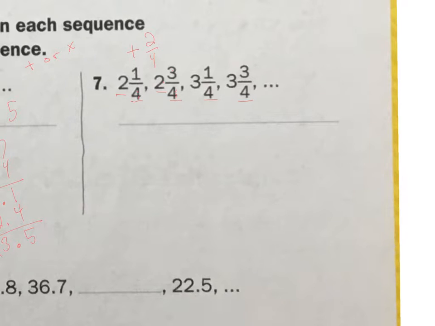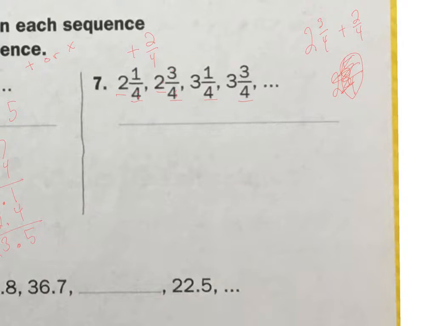So then, if I do 2 3/4 plus 2/4, that gives me 2 5/4. And if I want to change that, well, you know what? I'm going to do it simpler.